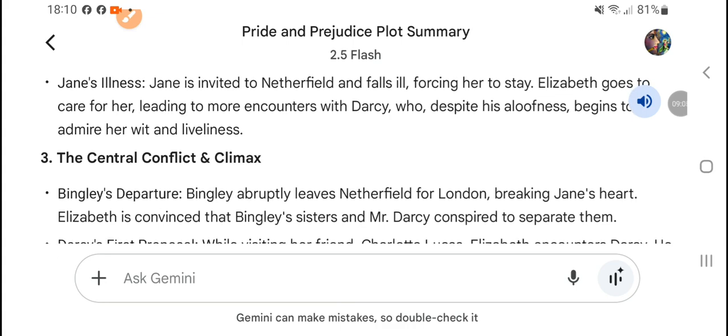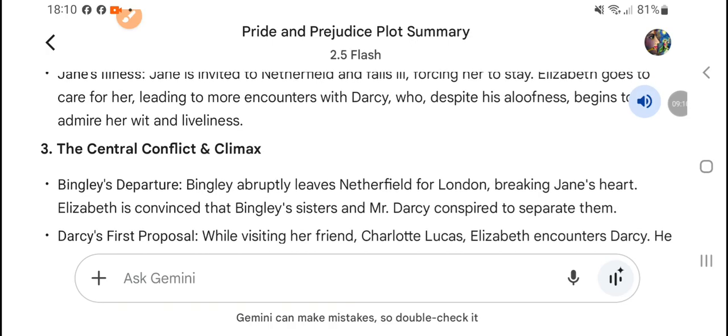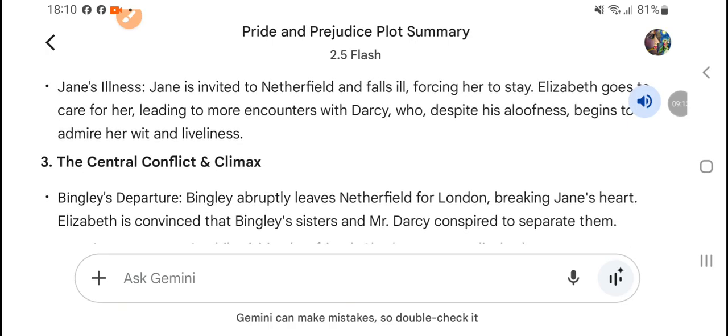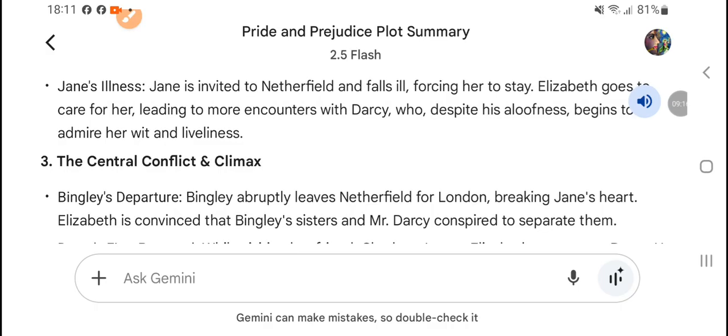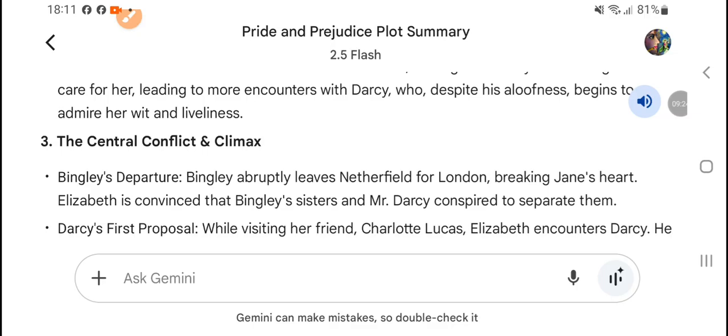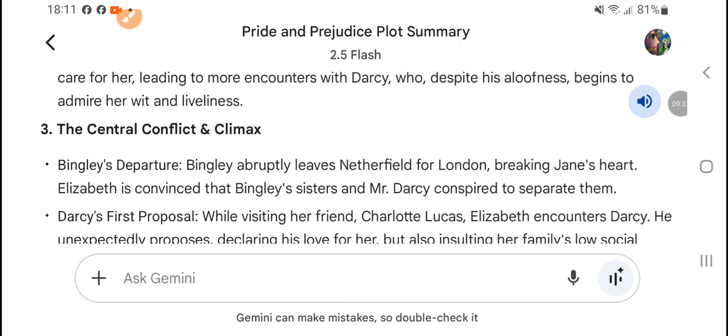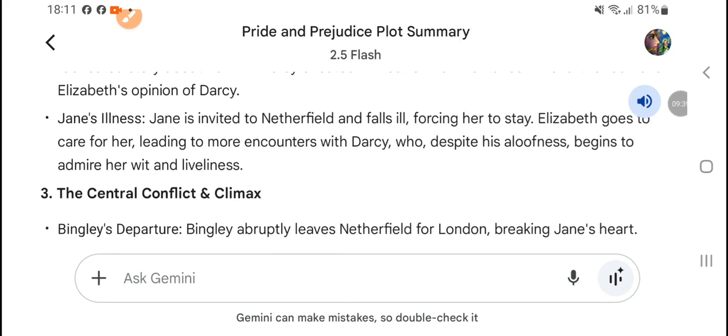So she is forced to stay with the Bingley family. Elizabeth is a very good sister and friend to Jane Bennet. She is worried and goes to take care of her sister, leading to more encounters with Darcy. So here she meets Mr. Darcy, who despite his aloofness begins to admire her wit and liveliness.